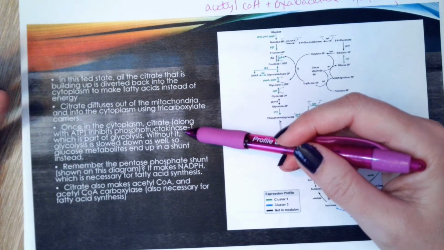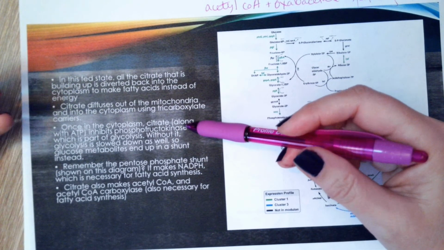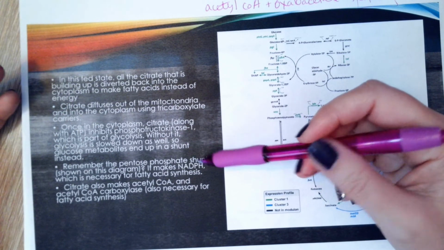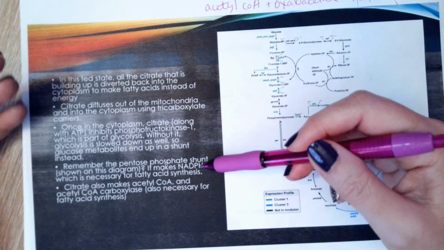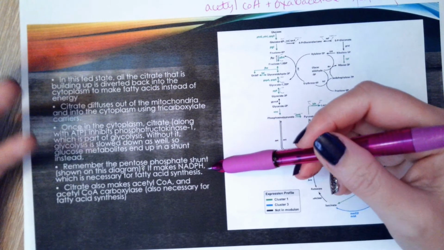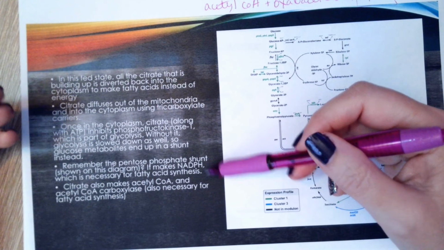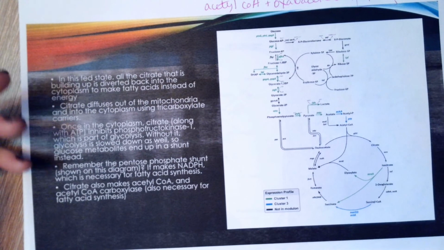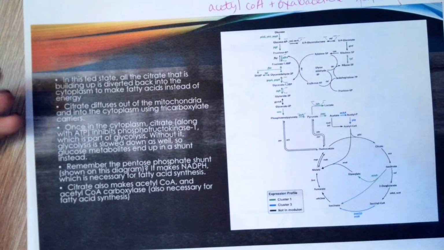So we're going to be pushing the glucose into the shunts, such as the pentose phosphate shunt, which will give us NADPH, and then we can do our fatty acid synthesis along with the ATP and the NADPH, using both of those things.